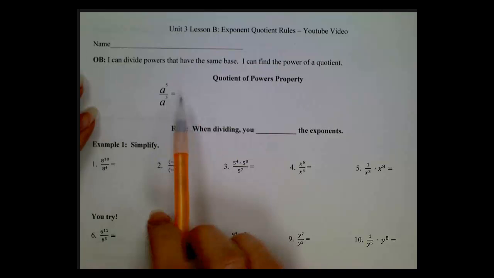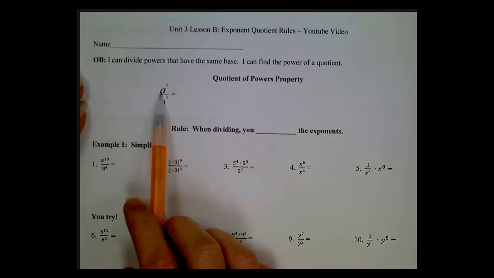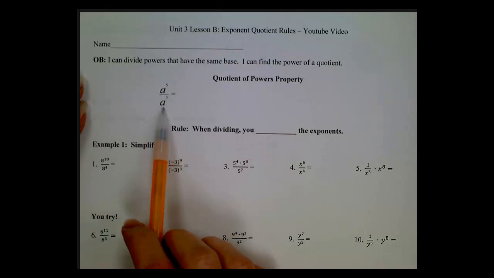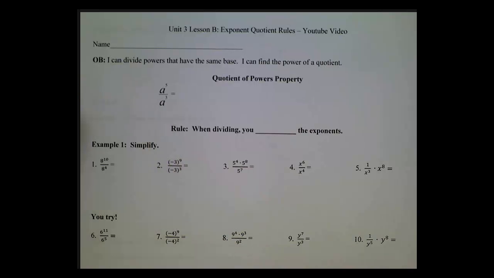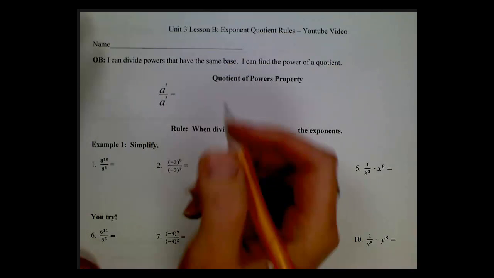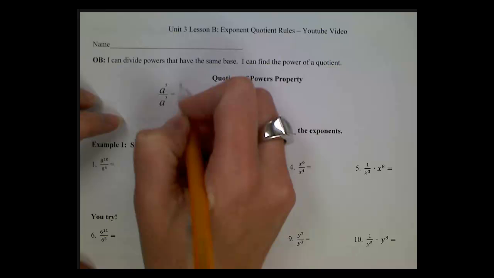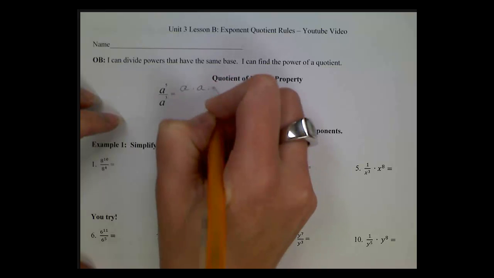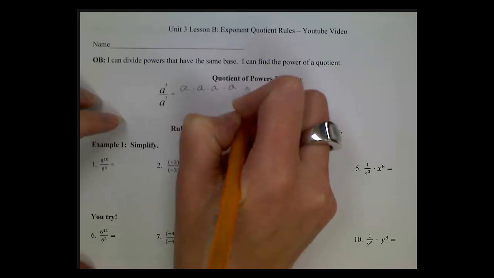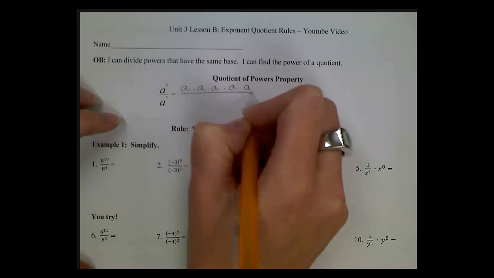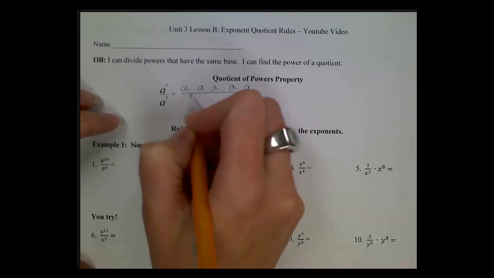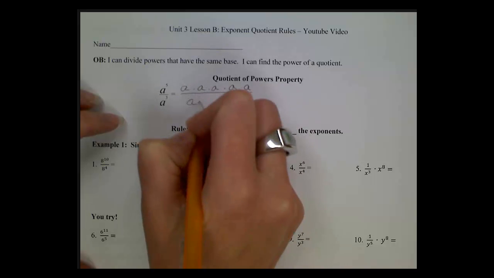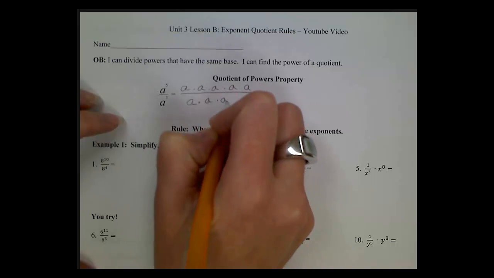And here we have this problem and it says a to the fifth divided by a cubed. So let's take a look at what this looks like when we write this out without exponents. A to the fifth can be written as a times a times a times a times a. And then this is all over a cubed, which can be written as a times a times a.